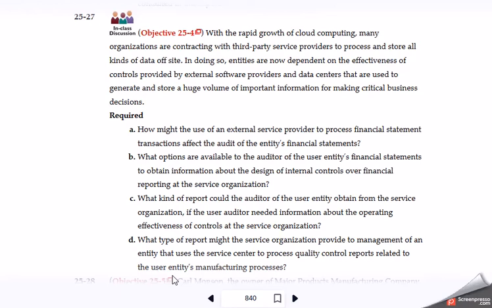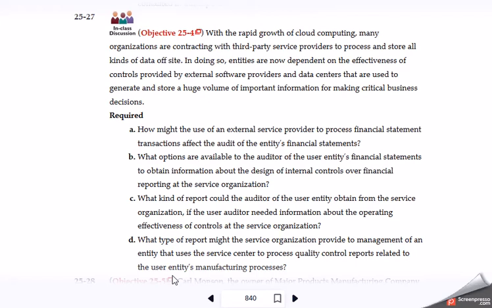Then the service auditor, so again, not the auditor of the client, but the auditor of the IT company, will test the controls and then prepare a report on the findings after they've tested the controls of the IT service provider. So it would be a type 1 report. A type 1 focuses on the design of the internal controls.